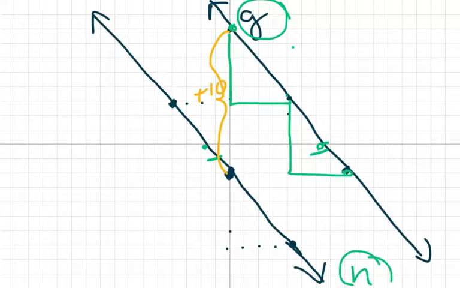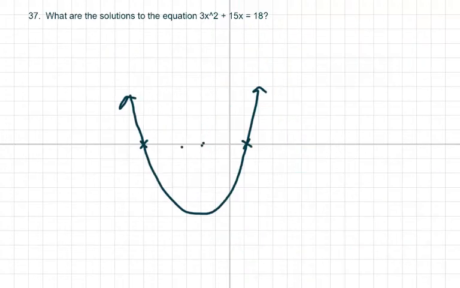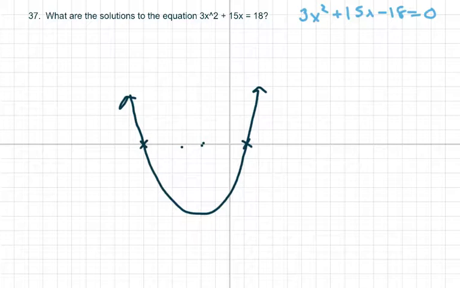Okay. So the next problem is this one. And what I'm going to do is rewrite this equation. Now, if you put it in the calculator, and it's asking for the solutions. Well, solutions to this means when y is 0, what is x?